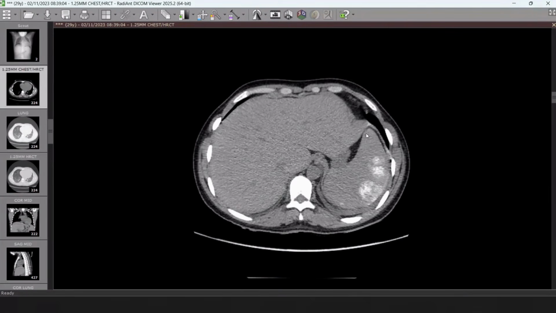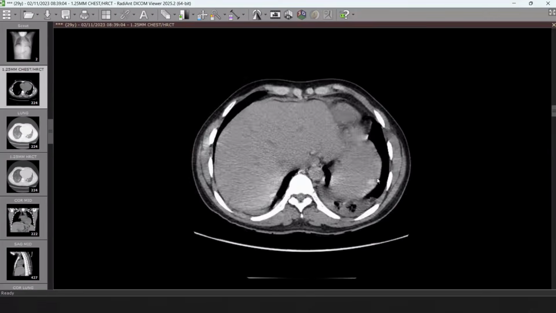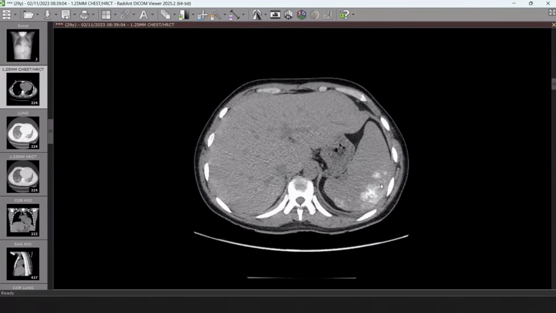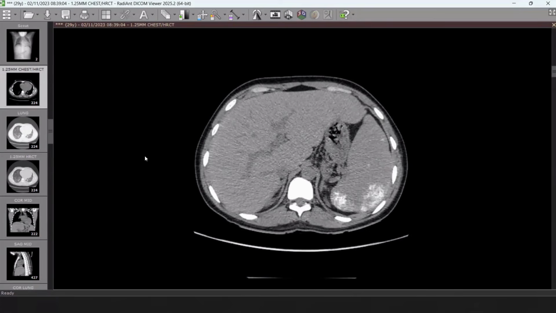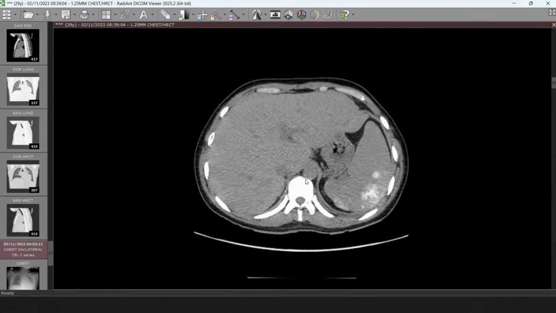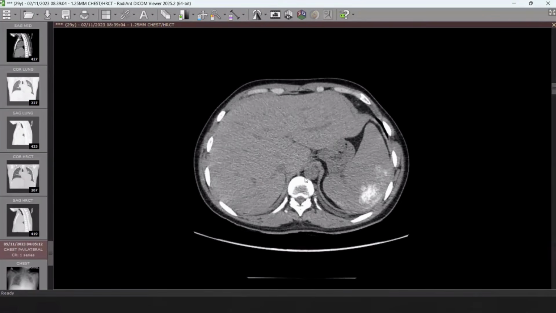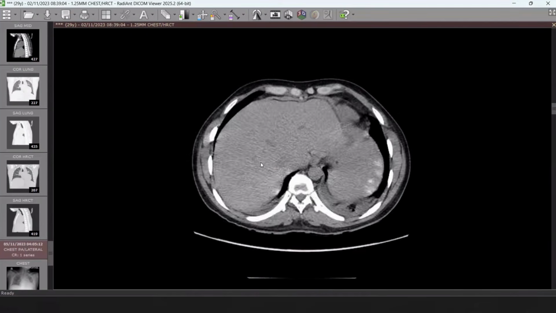The end stage is a shrunken calcified spleen. This one shows splenomegaly with multiple splenic infarcts. You mean autosplenectomy?